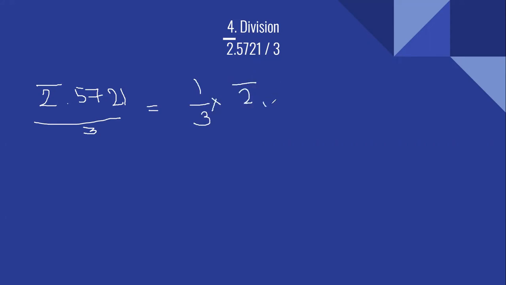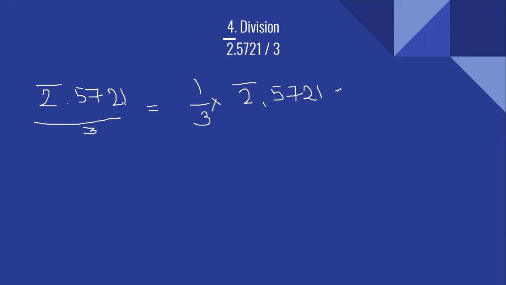Okay. So here we have 2 bar 0.5721 divided by 3. This can be written as 1 by 3 multiplied by 2 bar 0.5721.